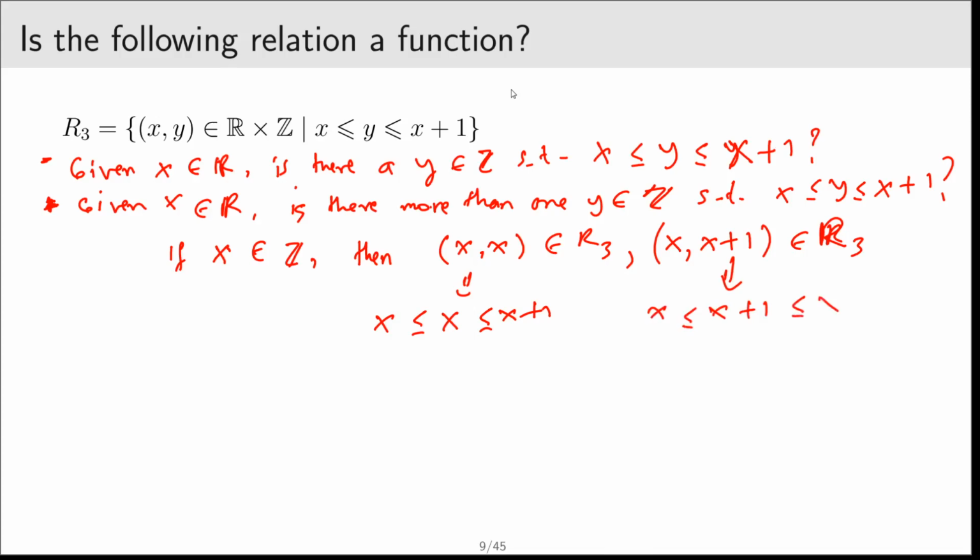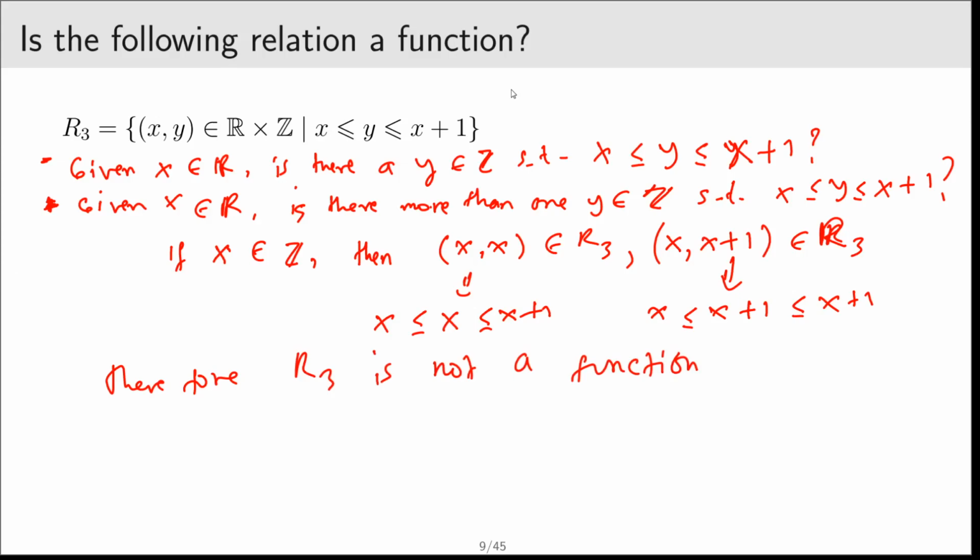So if x is an integer, we already have two outgoing arrows from x. Therefore R3 is not a function.